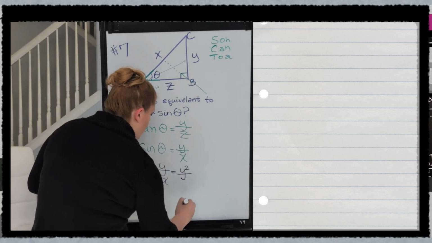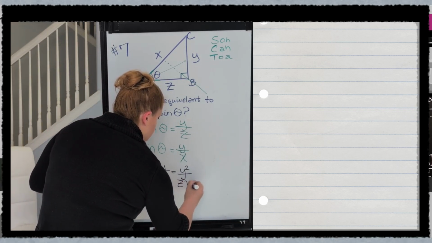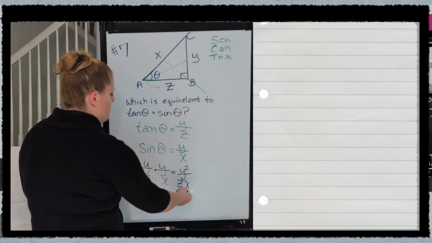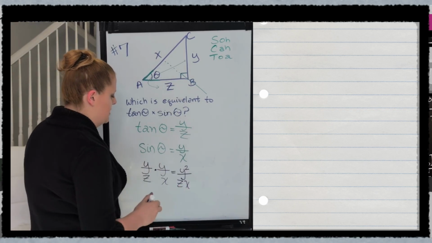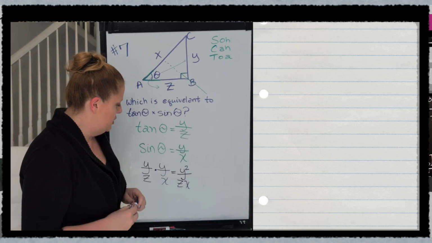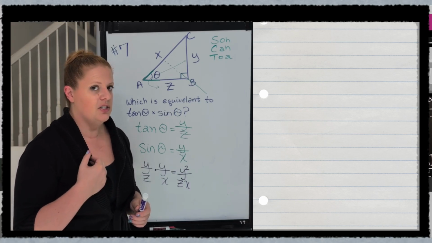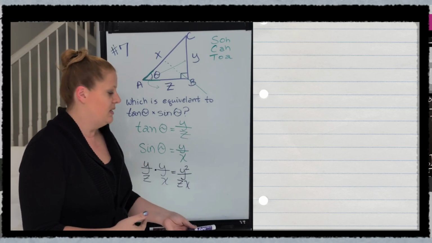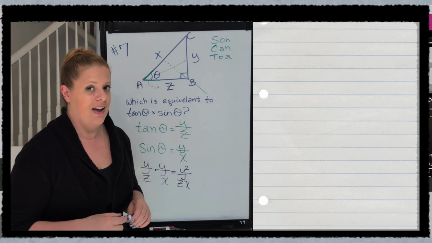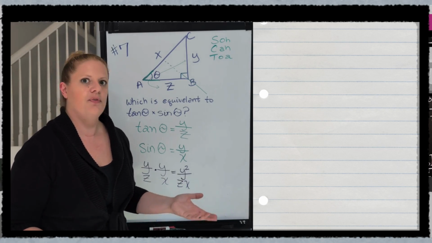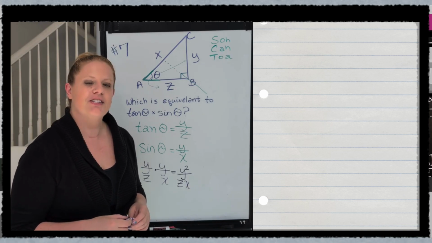Z times X is ZX. You could also say it's XZ. The order does not matter in multiplication. So Y squared over ZX is my answer. I would go through the answer choices and see which one matches up. Yours will be a little different, so you have to look through and see which one matches up to yours.